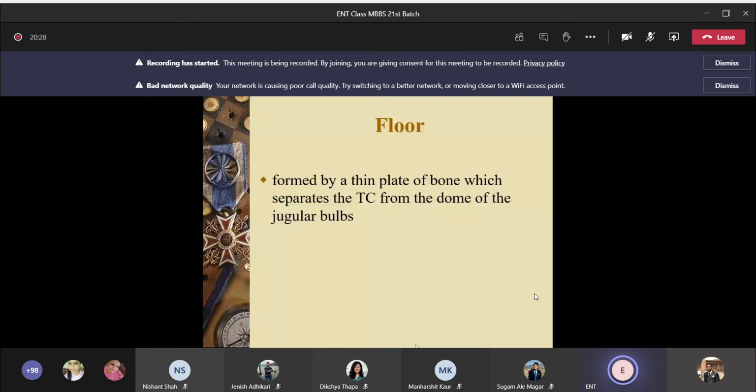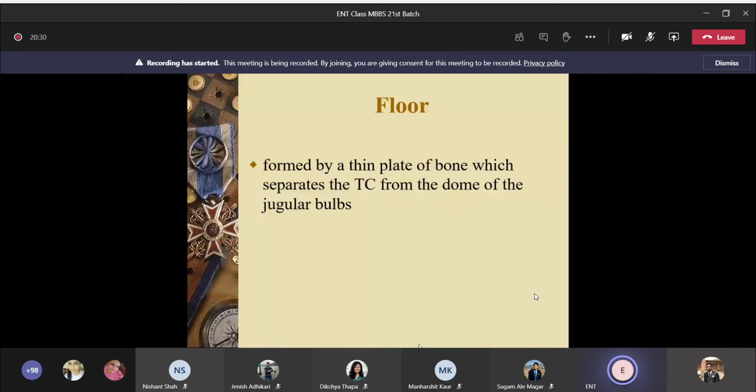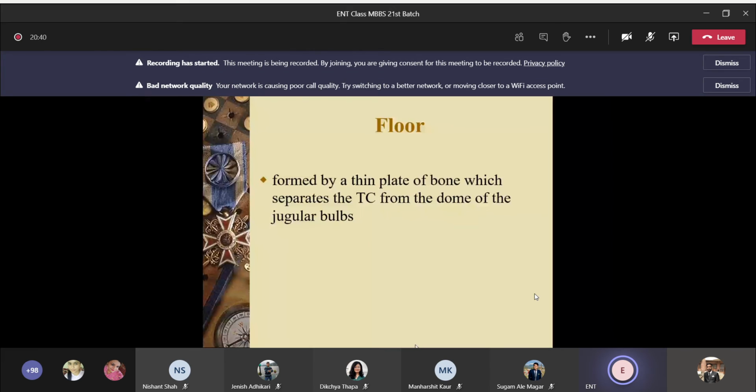The medial wall separates the tympanic cavity from the inner ear, and it consists of the promontory, which is the bony overhang of the cochlea, the oval window, the round window, the canal for the facial nerve, and the processus cochleariformis.